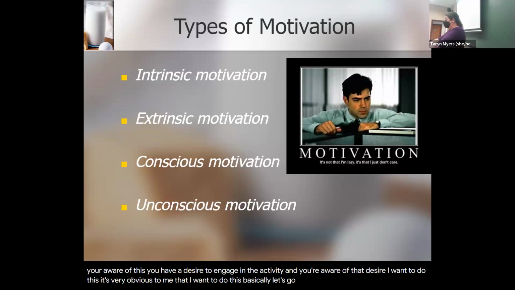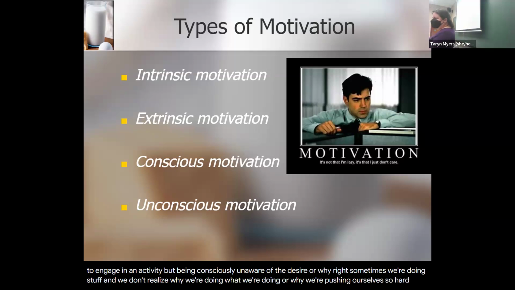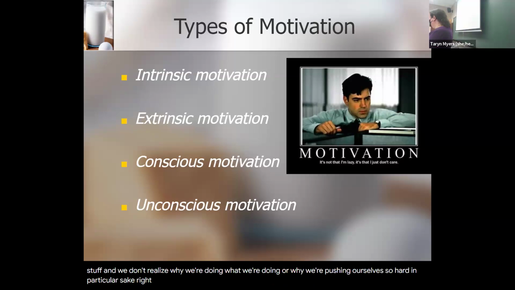An unconscious motivation is having a desire to engage in an activity, but being consciously unaware of the desire or why, right? Sometimes we're doing stuff and we don't realize why we're doing what we're doing or why we're pushing ourselves so hard in particular things, right?